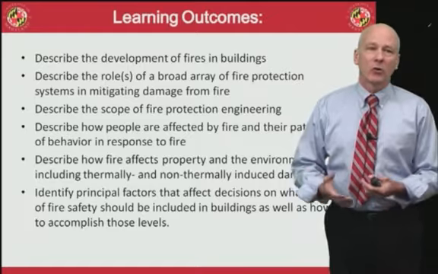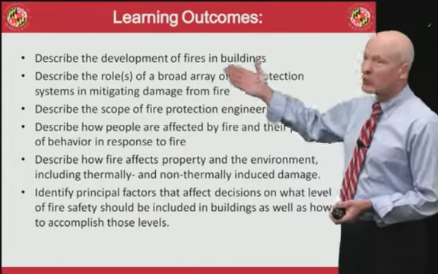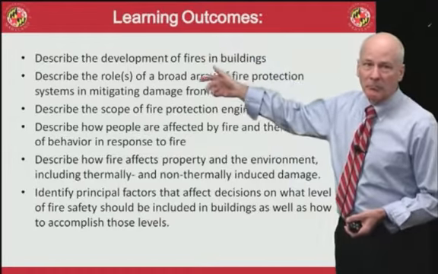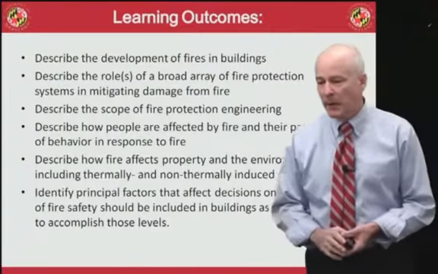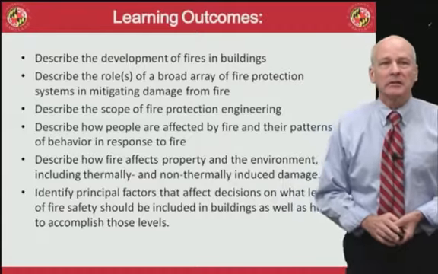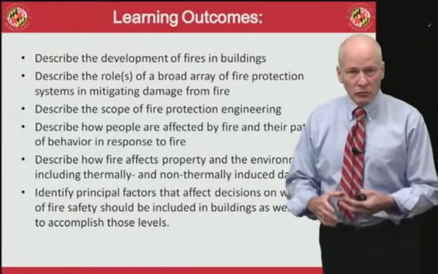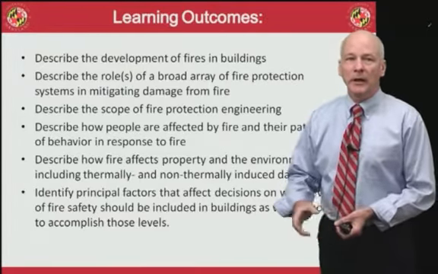For the overall course, we want to take a look at development of fires in buildings, and talk about the array of fire protection systems that are available and used to mitigate damage from fire.